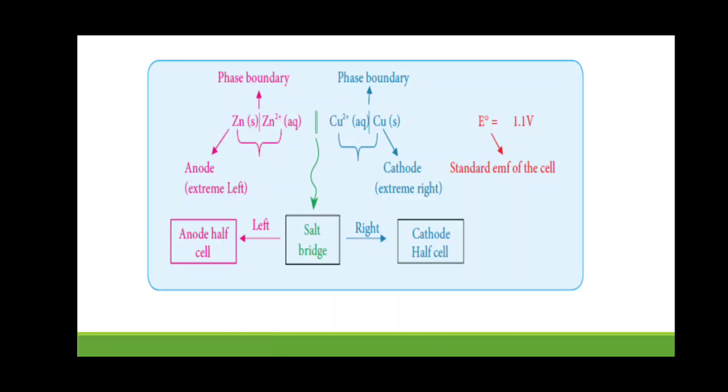On the right side also a phase boundary is given, as copper is dipped in copper sulfate solution. A double vertical line means the salt bridge. The salt bridge between the two half cells, potassium chloride in an inverted U tube, is denoted as a double vertical line.